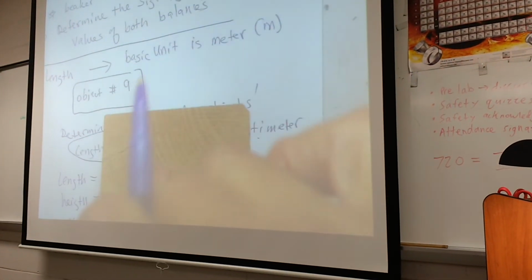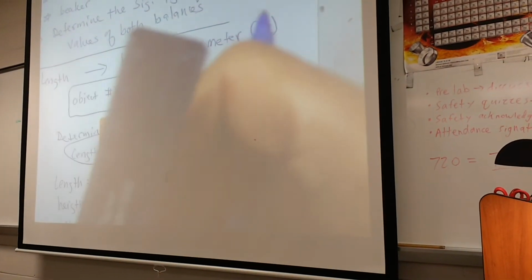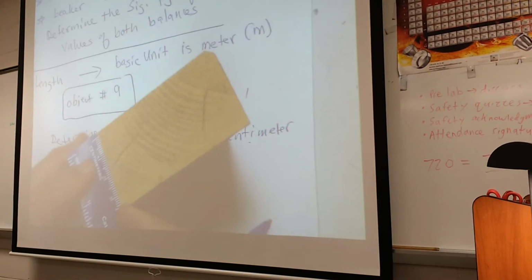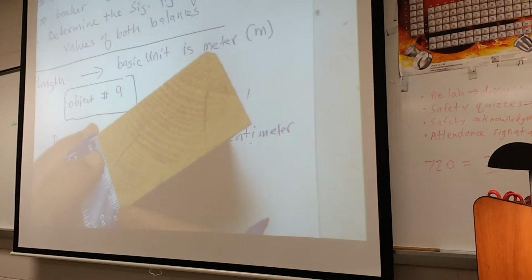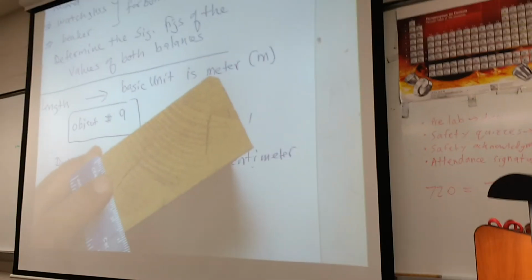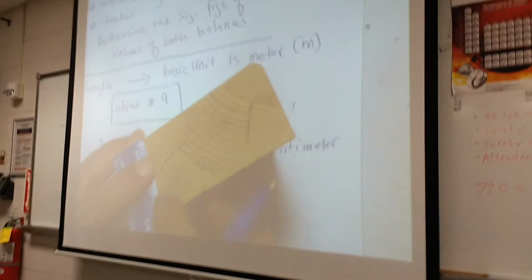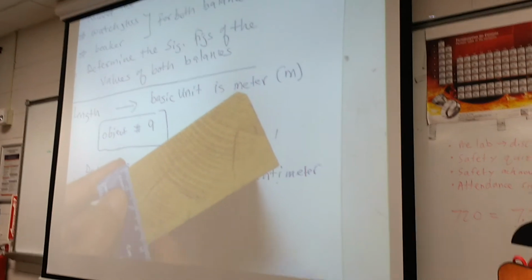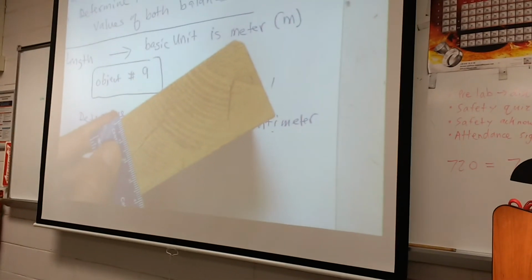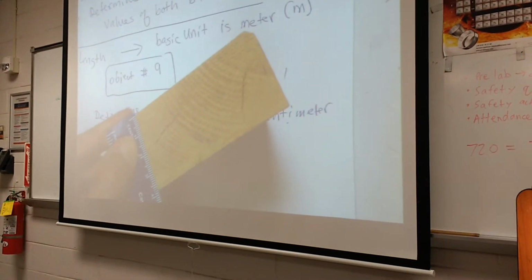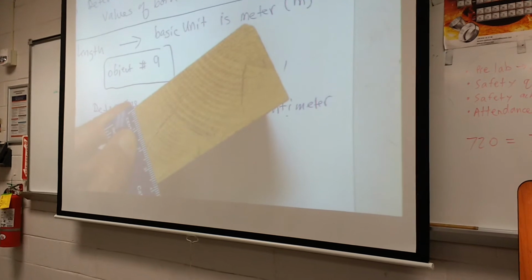Then I'll come here with the ruler and measure this one here. How much is it? Somebody tell me how much it is. Here, let me go back. How much? 3.8 or 9.